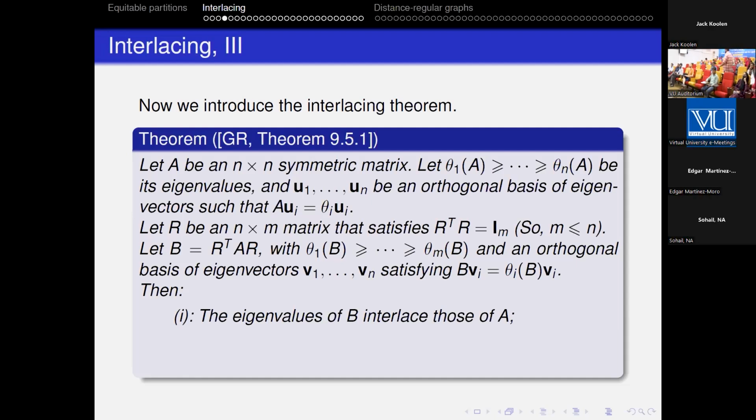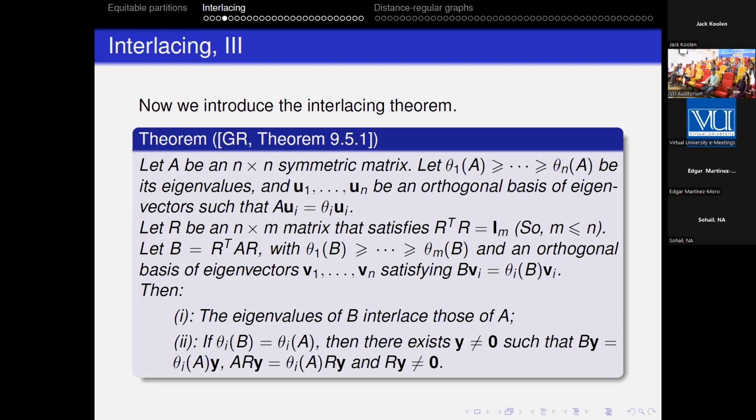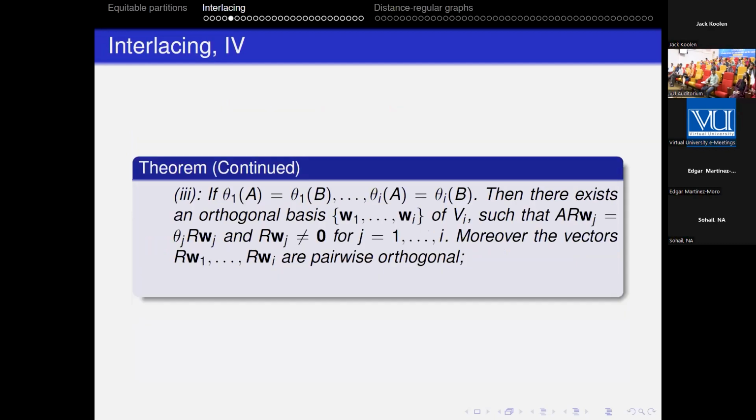Then the following things hold. The first is that the eigenvalues of B interlace those of A. And if theta_i(B) is equal to theta_i(A), then we can find a special eigenvector: there exists an eigenvector y of B such that Ry is also an eigenvector for A. We need 3 for the part of 4.